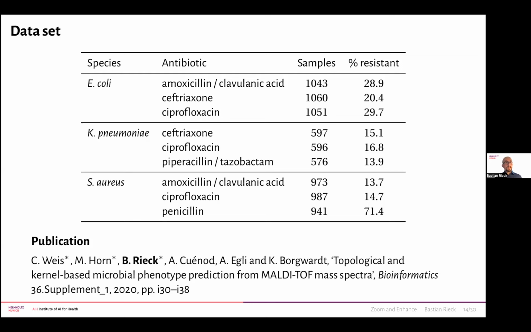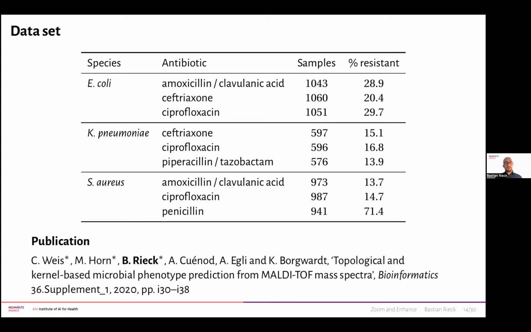So this is E. coli, Klebsiella pneumoniae, and Staphylococcus aureus. Those are three priority pathogens that have been identified by the World Health Organization to be the most relevant pathogens plaguing most clinics in many countries. We have different antibiotic combinations here.